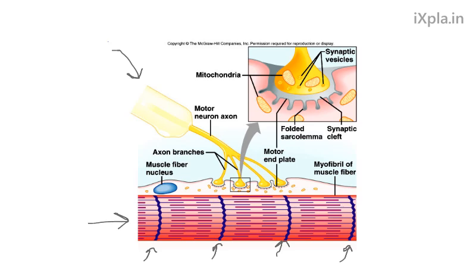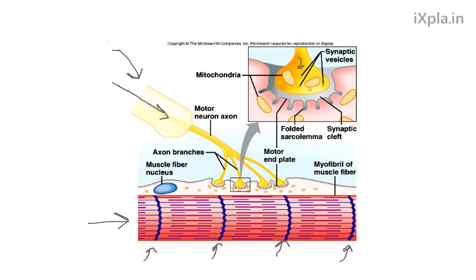And now how it happens is, say you want to contract your bicep or move your foot or do something. Your brain sends an action potential down certain nerves, which connect to the muscle. I'm not really going to go into the process of how an action potential is created, but it sends an action potential going down the nerve, and then when it gets to the very end of the motor neuron, this little axon terminal, it's called the axon terminal, on the very end.